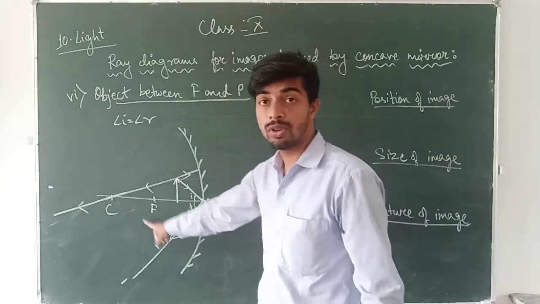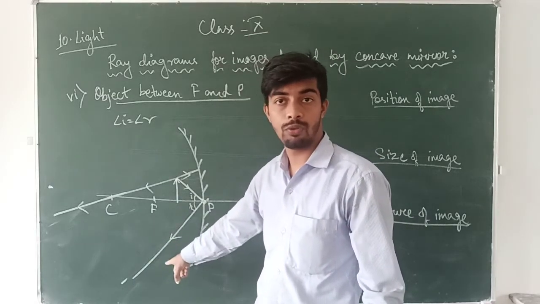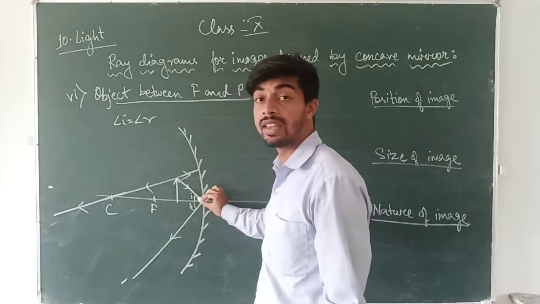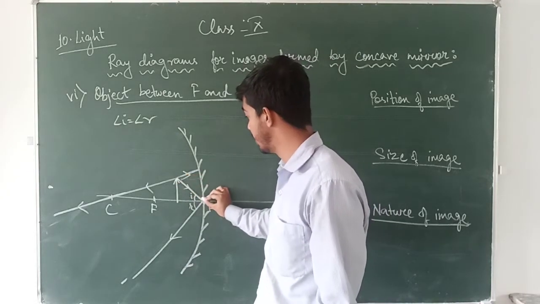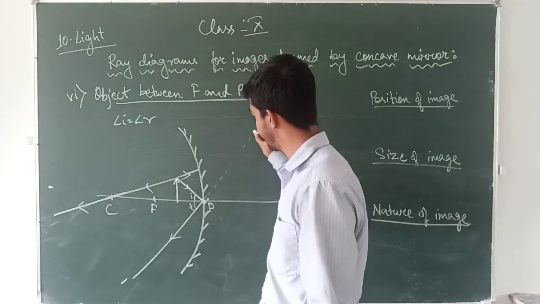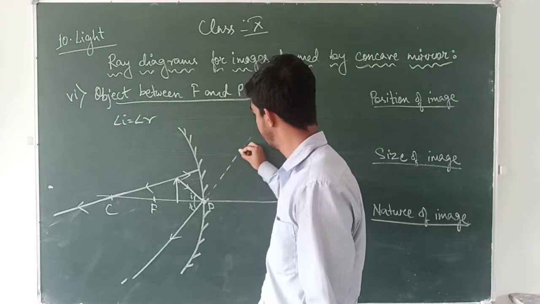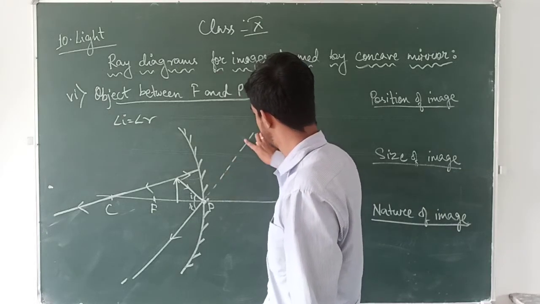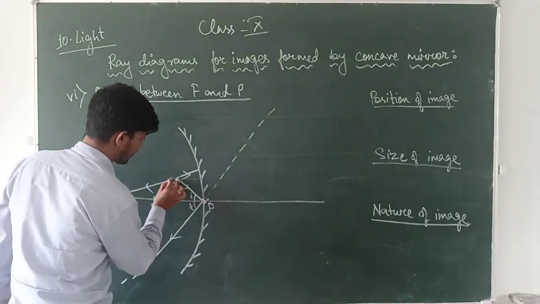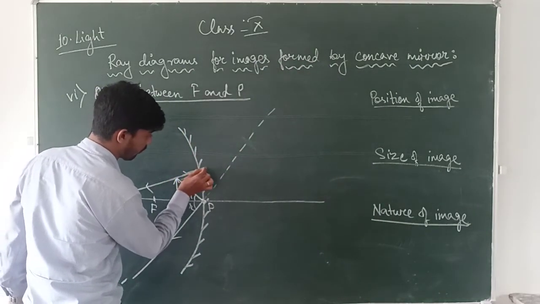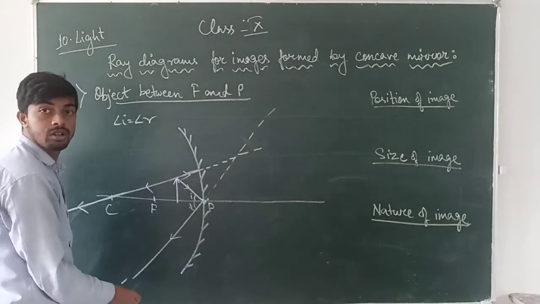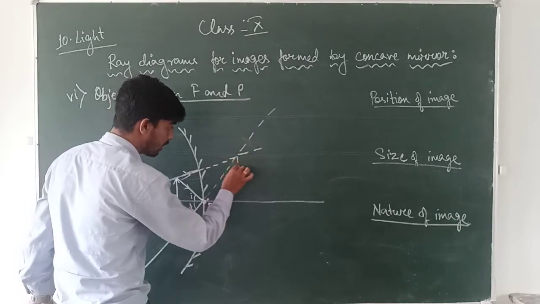So as these two rays are not meeting, they will not form the image, but that is not so. The imaginary rays will meet. That means if we extend this line straight like this, and we extend the second ray, they are meeting at this point. So the image will be formed here.